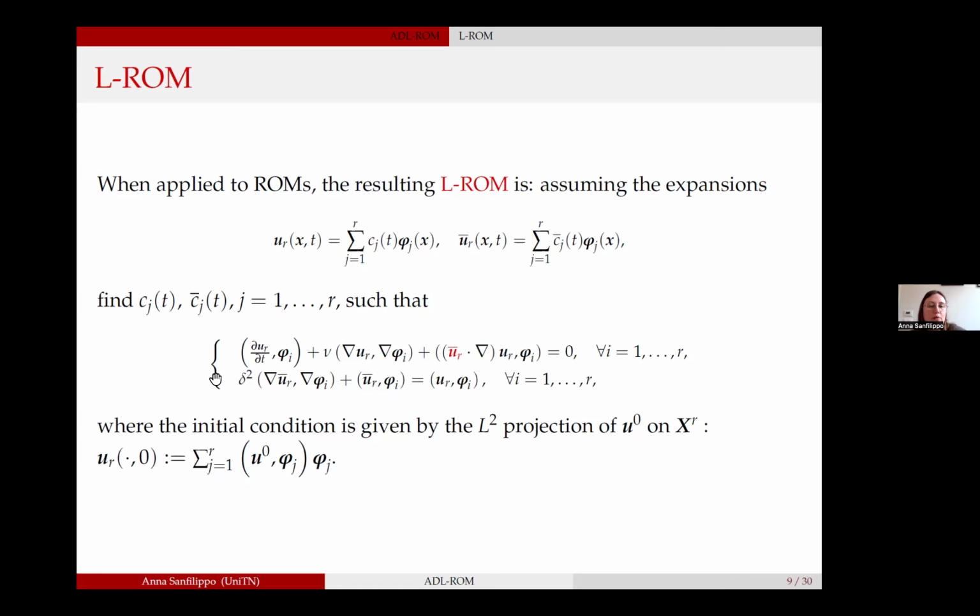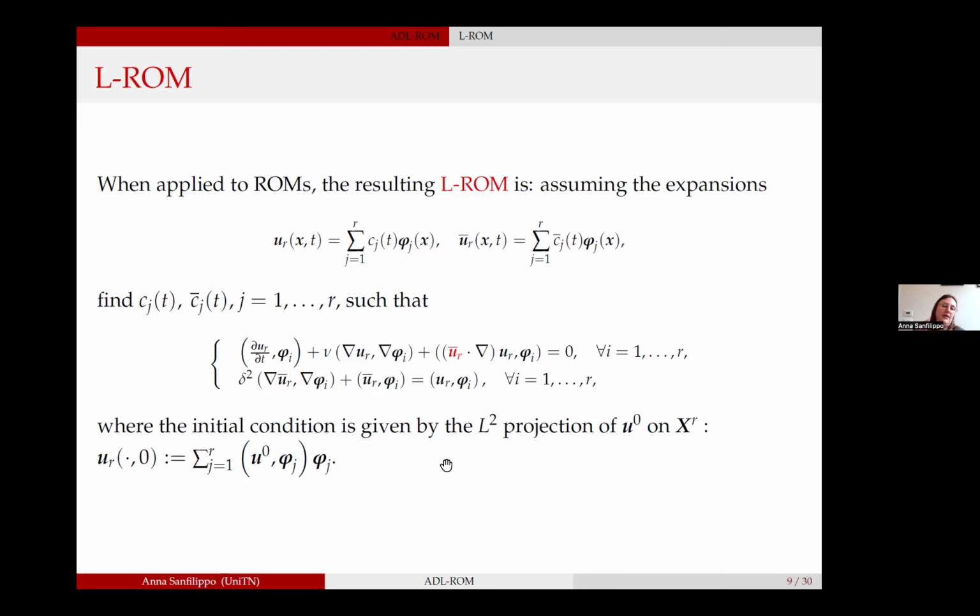And to find them, we will solve, first of all, basically the same formulation as G-ROM for Navier-Stokes equations, but with this U bar R in the nonlinear term. That is a sort of linearization of the nonlinear problem, since at each nonlinear step, what we do is compute U bar through this second system and use it in the nonlinear term.